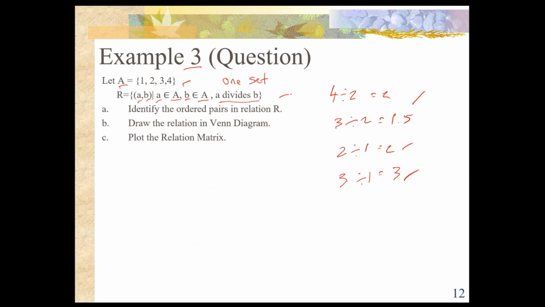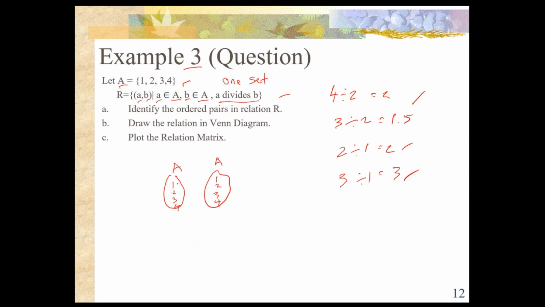Okay. Identify the ordered pairs in relation R. So based on this formula, maybe you want to do something like this. They are both the same pair. This is how you do it systematically.